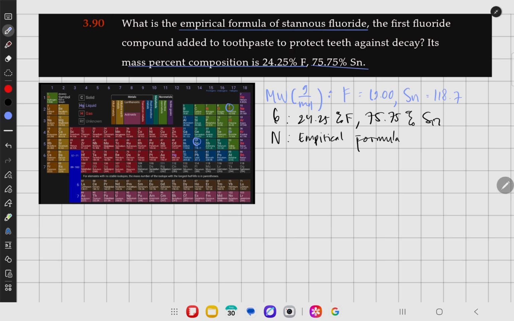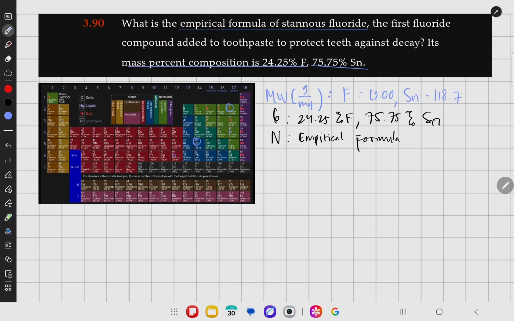To solve this, we need to find the molar weight of the elements. As we can see here, fluorine is 19.00 grams per mole, and tin is 118.7 grams per mole. We can see that from the periodic table here.